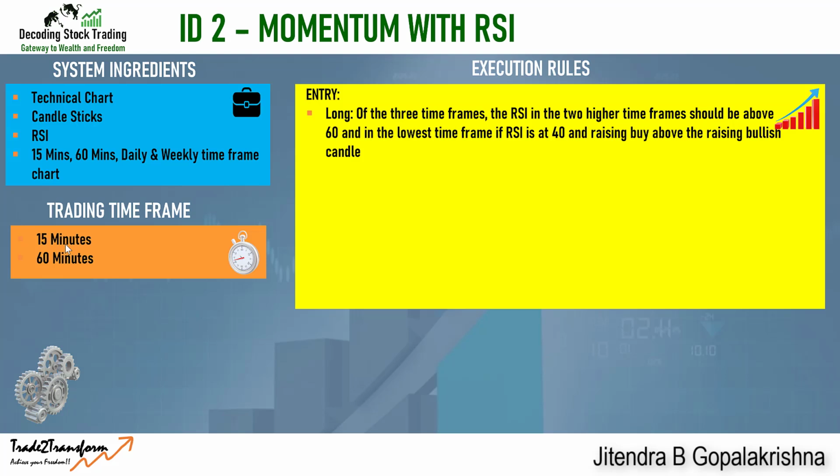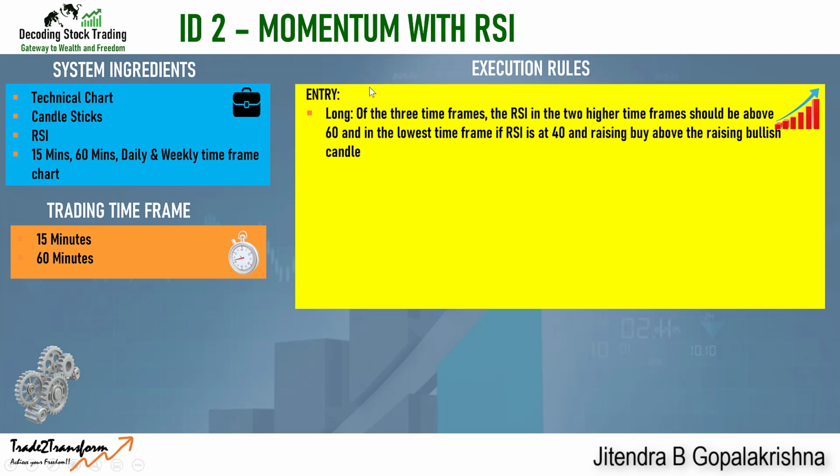Once again, for 15 minutes it is 15 minutes, 60 minutes and 1 day. For 60 minutes it is 60 minutes, 1 day and 1 week. Those are the 3 time frames you will use.